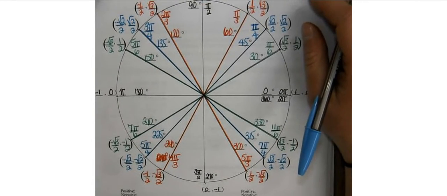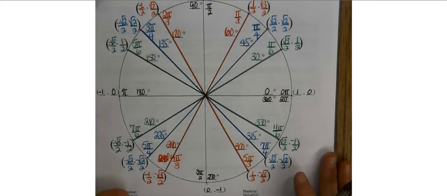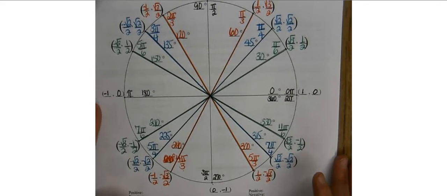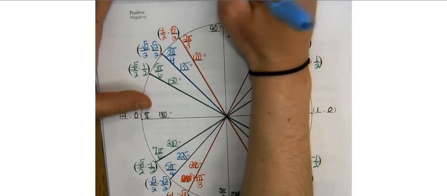All right. So now the final thing that we're going to be talking about is how to determine if our sines are going to be negative, our cosines are going to be negative, etc. And the best way to remember what's going to be positive or negative is this. There exists a phrase, and it's called All Students Take Calculus.